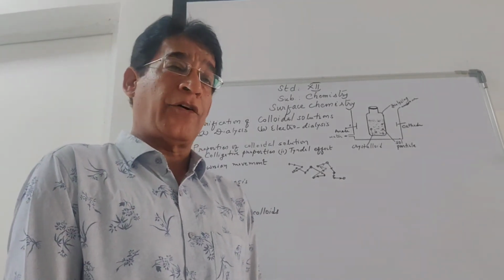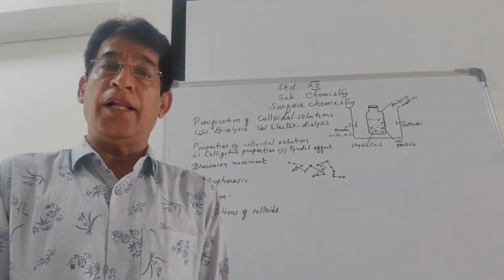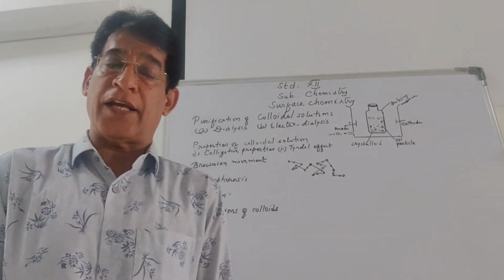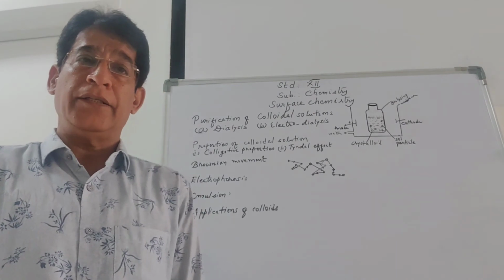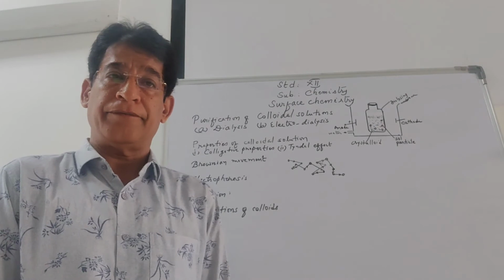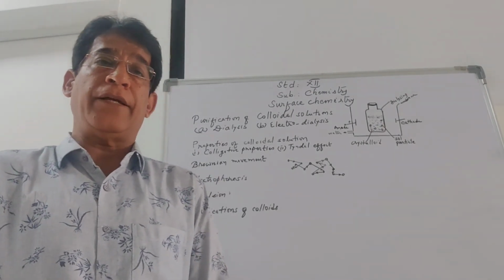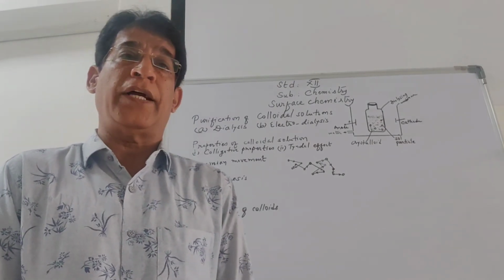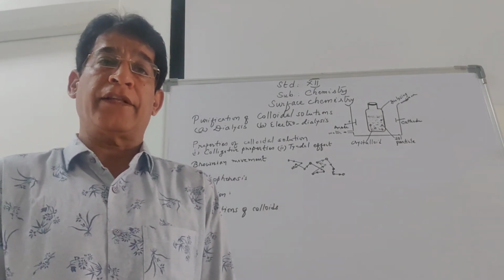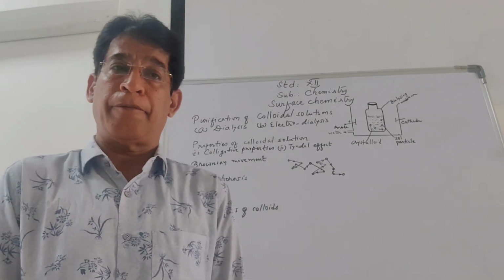Now, properties of emulsion. Emulsions show all the characteristic properties of colloidal solution such as Brownian movement, Tyndall effect, and electrophoresis etc. These are coagulated by the addition of electrolytes containing polyvalent metal ions, indicating the negative charge on the globules.